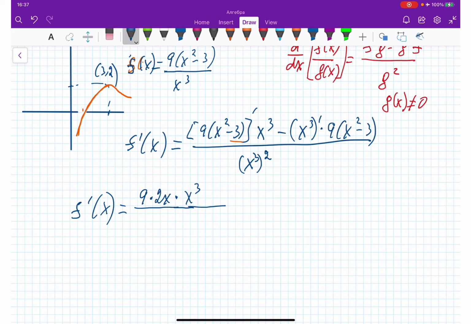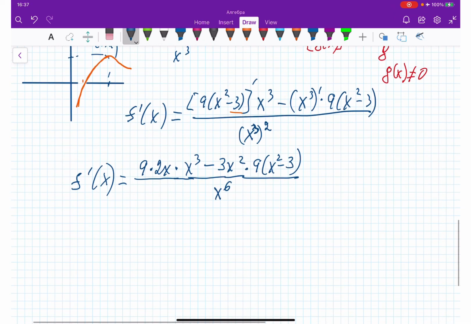Yes. Next, minus the derivative of x cubed is going to be 3x squared, right? And times 9 times x squared minus 3, divided by x to the power 3 and squared, it's going to be x to the power 6.